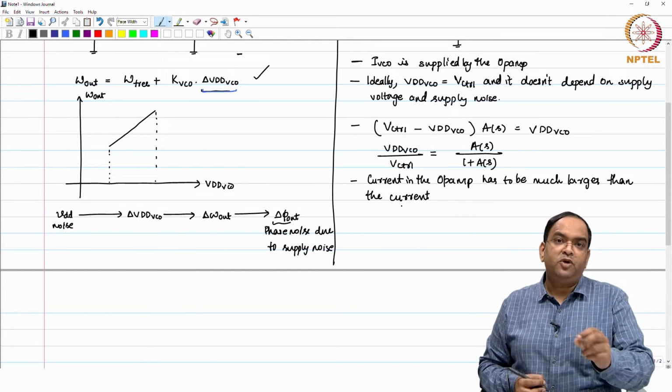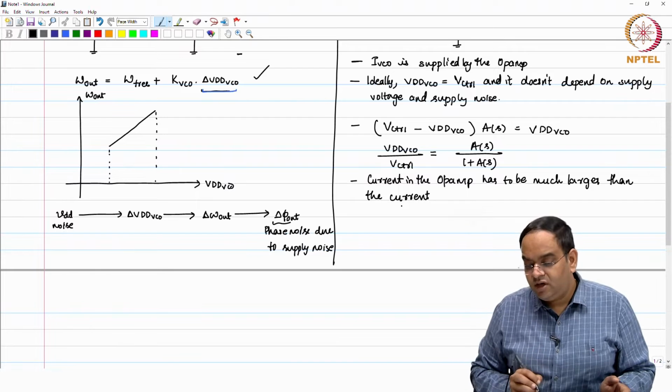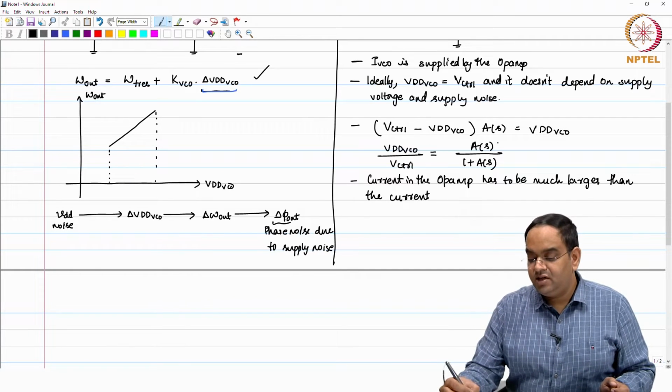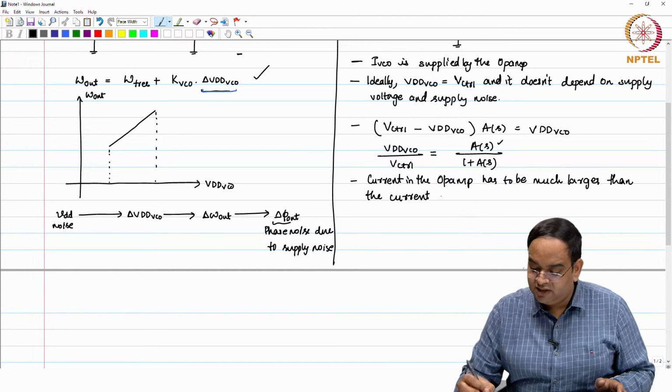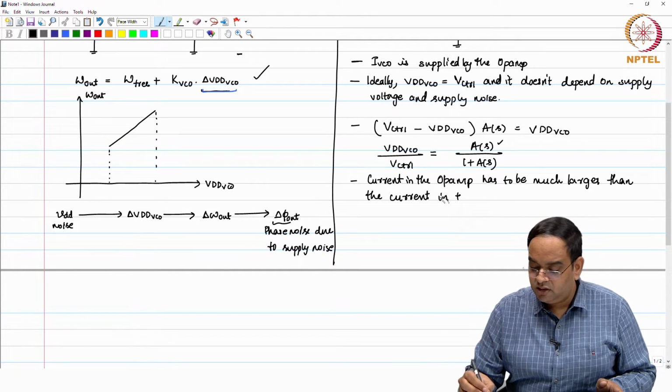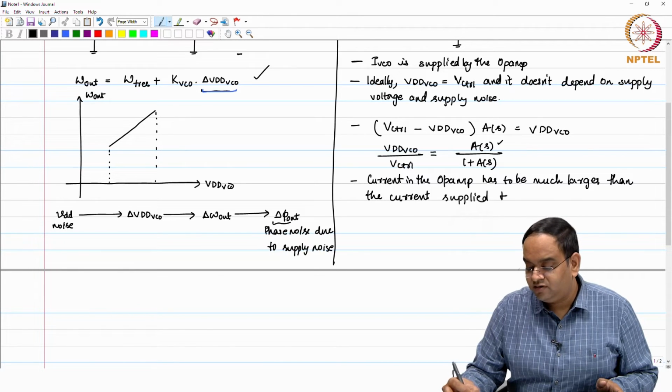Otherwise, you cannot approximate this op-amp, because the op-amp is also made up of MOSFETs, with a linear gain model as A(S). The current in the op-amp has to be much larger than the current supplied to the oscillator.